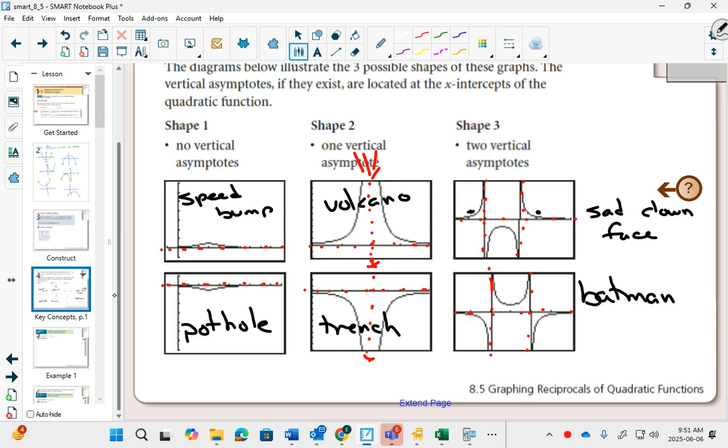I don't know if it's a clown. Could just be a sad face. Do you see the sad face? Even like 2 eyes. It's a sad smile. Kind of looks like a sad octopus or something. Because I've seen so many sad octopuses in my life, that definitely is what resonates for me. Okay, so these are the 6 different things that can happen when we put a parabola on the bottom. Sometimes we'll get a speed bump, sometimes a pothole, sometimes a volcano, sometimes Batman, and sometimes a trench.